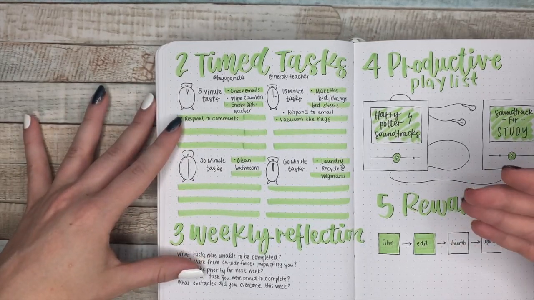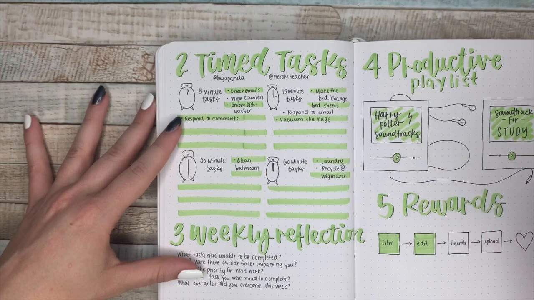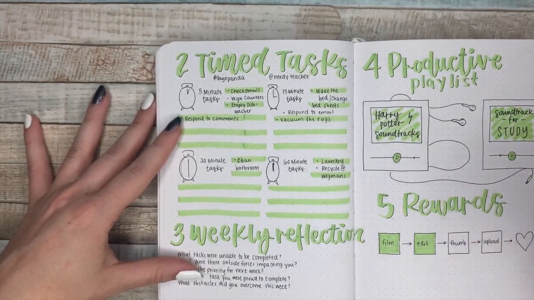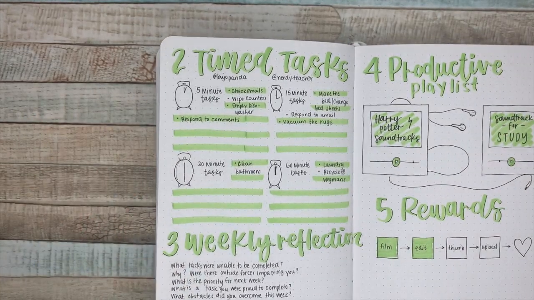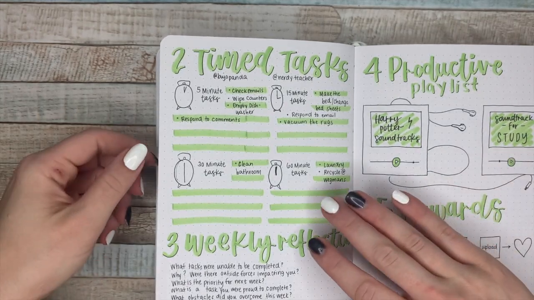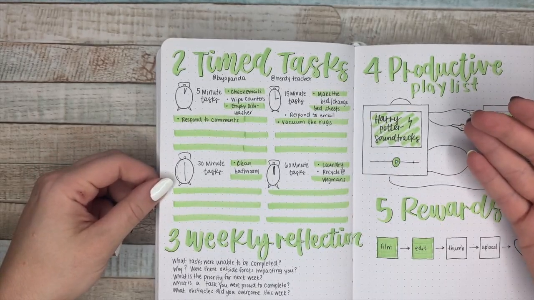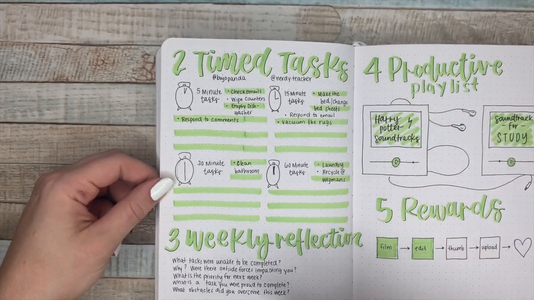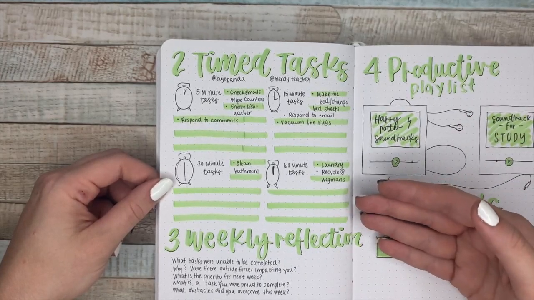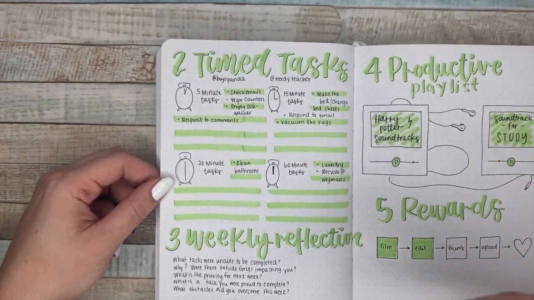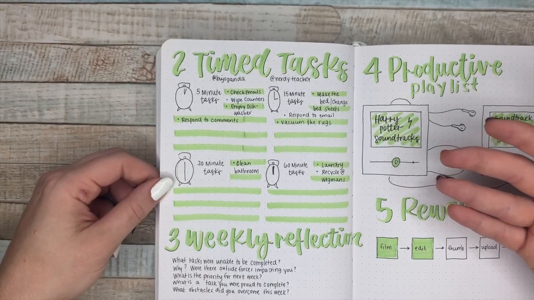So that way, if you have an extra 5 minutes that you're waiting for someone to call you back, something like that, then you can do one of these tasks while you are waiting for that thing to occur. Or maybe you have an hour between meetings at work, and you have a 60-minute task that you can do that is work related as well.